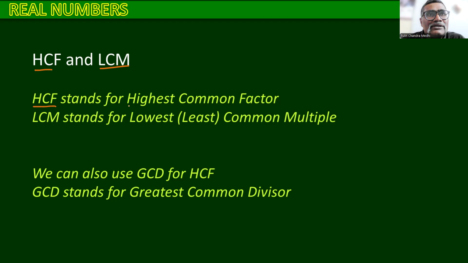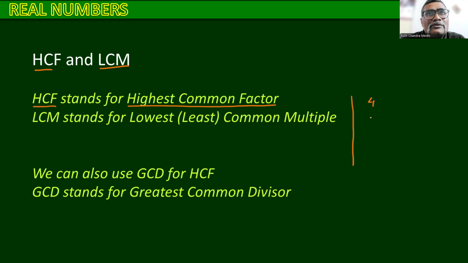HCF stands for highest common factor, right? That means if you take two numbers or maybe more, you find the common factors of all those numbers and identify the highest. That is HCF. To explain, I'll take small numbers so that it can be done quickly.